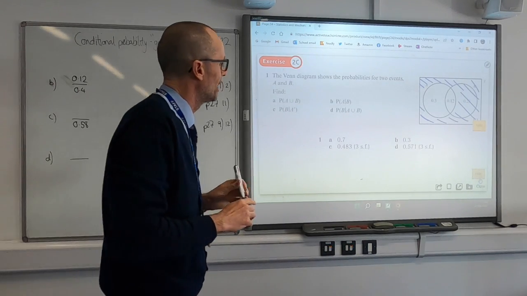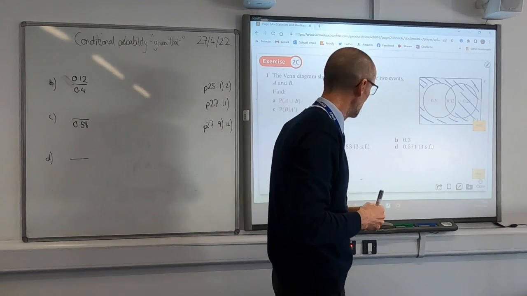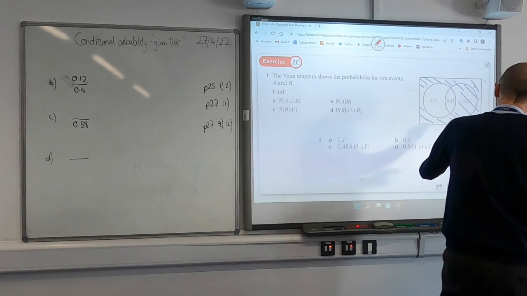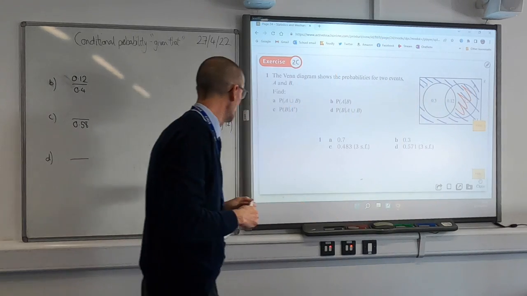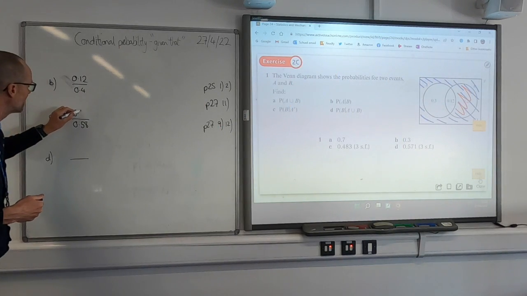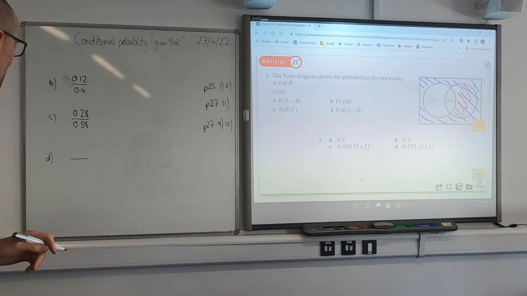Our denominator here is 0.58. Of that, what part is B? Well, the part of that which is B is this bit, 0.28. So it's 0.28 out of 0.58, which cancels down as a decimal to that.